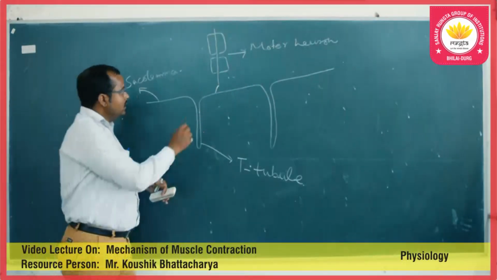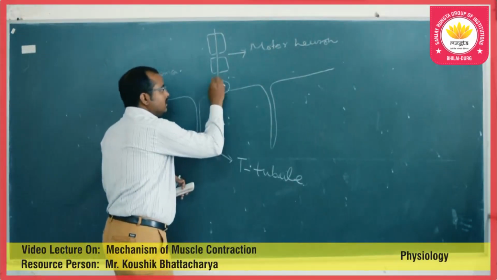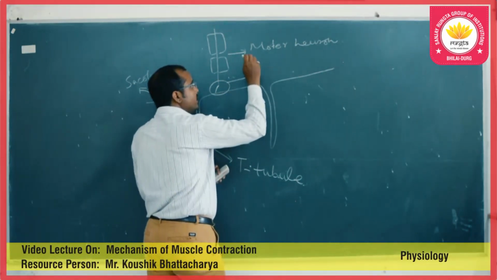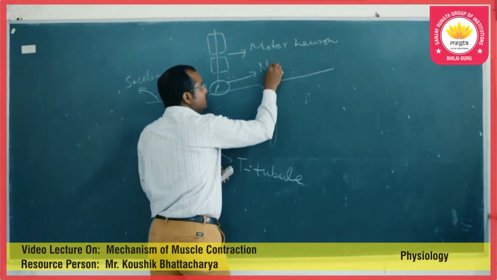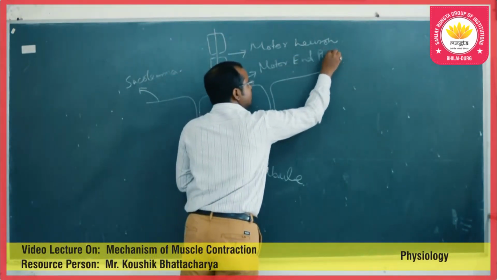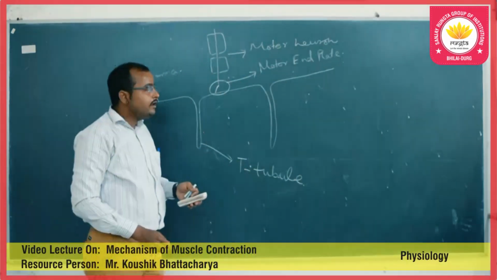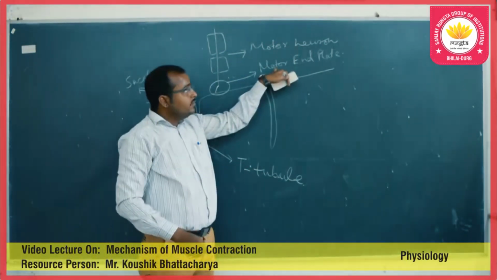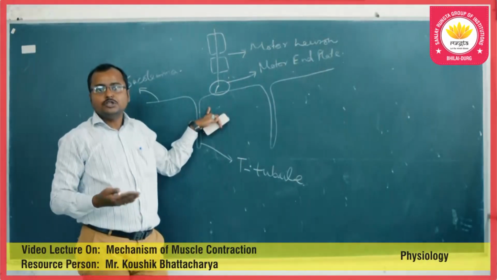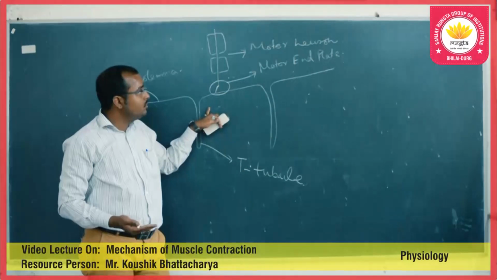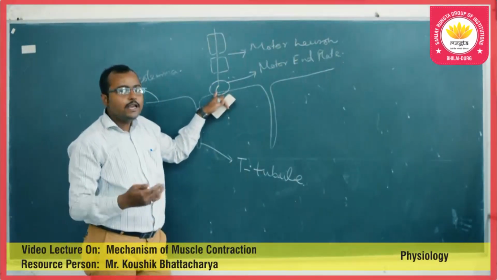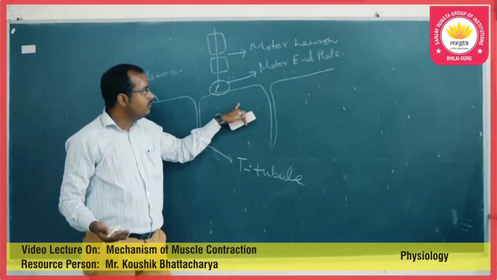And this area is known as the motor end plate. Within this motor end plate region, what will happen? Synaptic transmission will happen from the motor neuron to the synaptic cleft area and then ultimately to the sarcolemma, right?